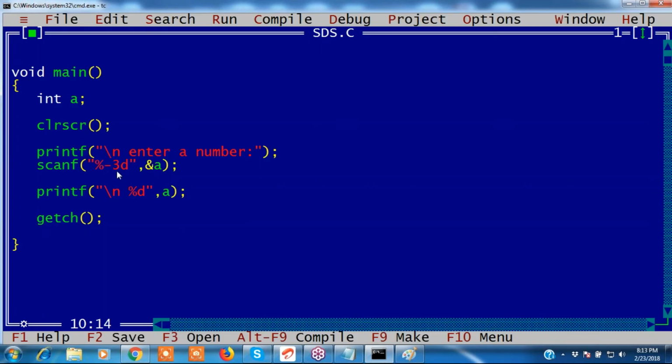That's why if I give a minus percentile minus 3, it is not reading. It's not valid, right? If I take percentile, it is valid. Plus D also it is valid, but negative it is not supporting. Are you following? It is not reading a value. If I give minus 3D, it is not taking the input value.